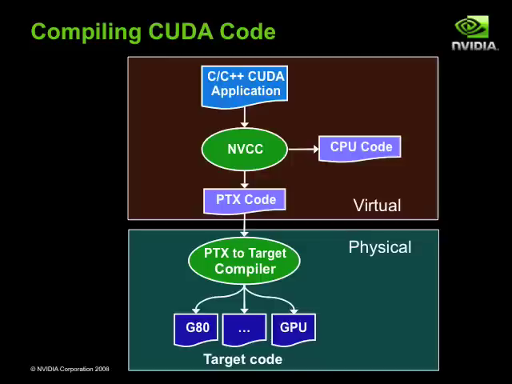Although not the default case, one can specify via options to NVCC that CPU C code or device PTX object code be generated. PTX object code is an intermediate device-independent representation that is then compiled to the particular device. CUDA executables contain the PTX code in addition to target code, so that new target code can be generated on the fly when the executable is run on a device different from what it was compiled for.